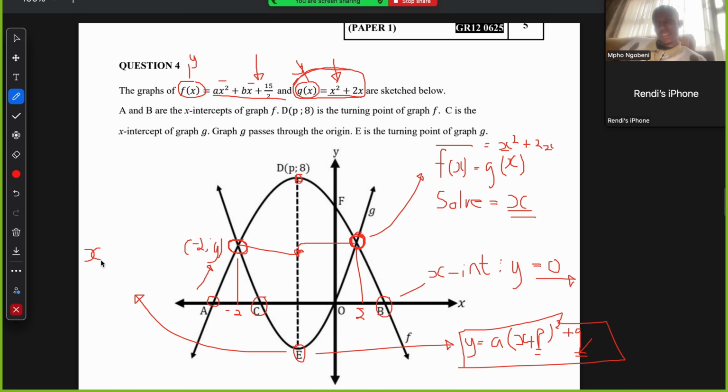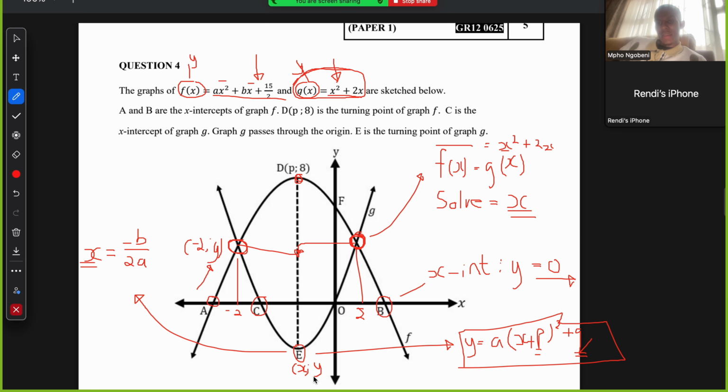We must say x is equal to minus b over 2a. And this x is the x here. So the coordinate of E, the x of the turning point, is this one. That's what we are solving.